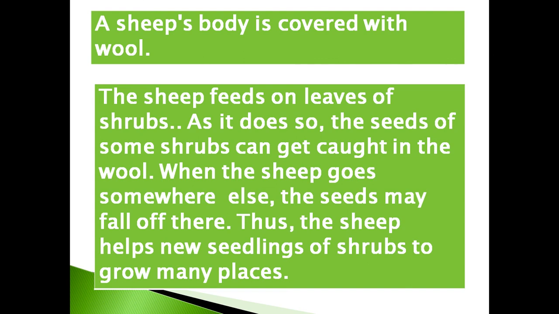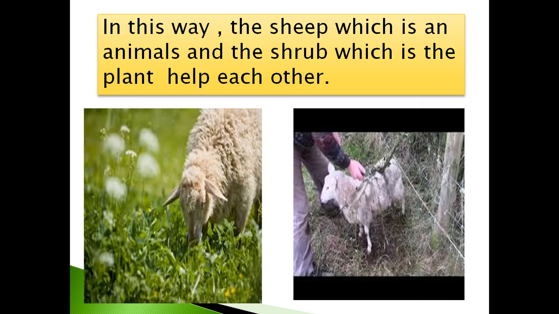Thus, the sheep helps new seedlings of shrubs to grow in many places. In this way, the shrub plants can grow in different places. In this way, the sheep, which is an animal, and the shrub, which is a plant, help each other. Students, can you see the picture?